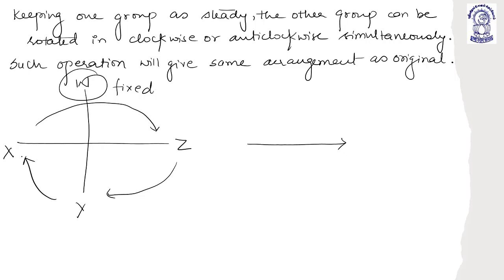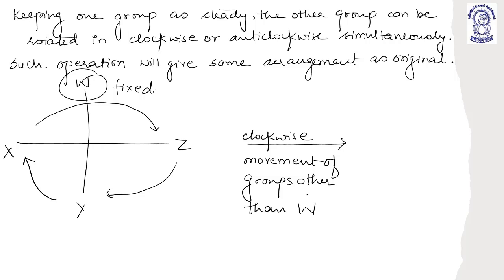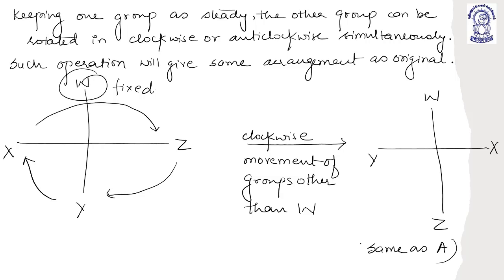Clockwise movement of groups other than W gives W, X, Y, Z. Same as A.